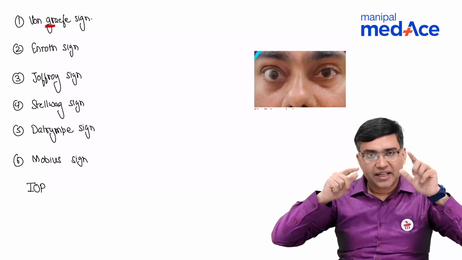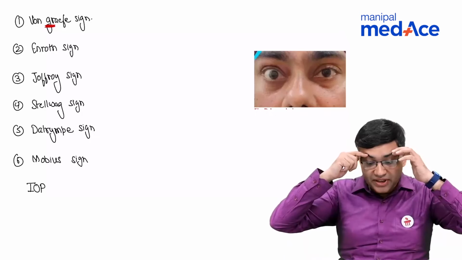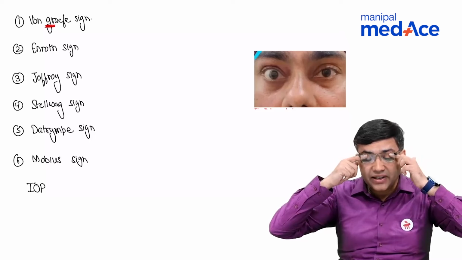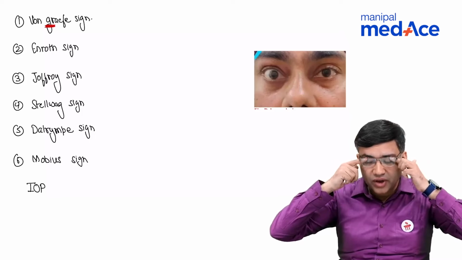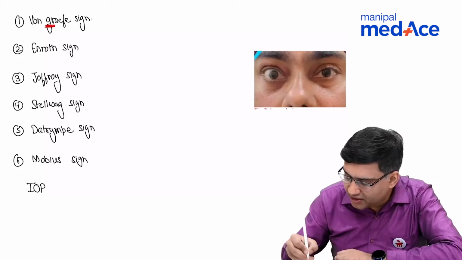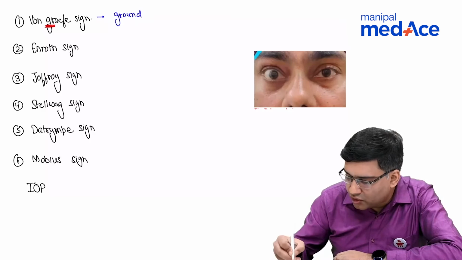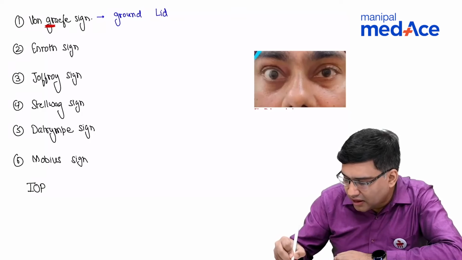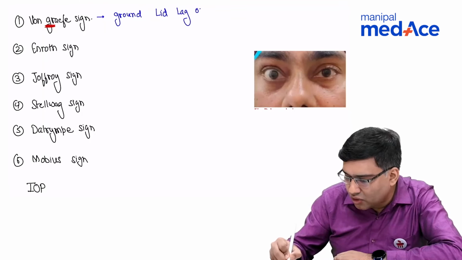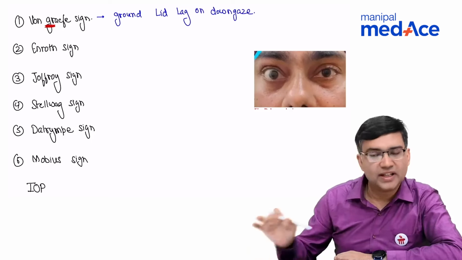But in patients of thyroid eye disease, when the patient is looking down, the eyelid is not following it. So G, you can just remember it: G goes with ground. So we have a lid lag on down gaze.